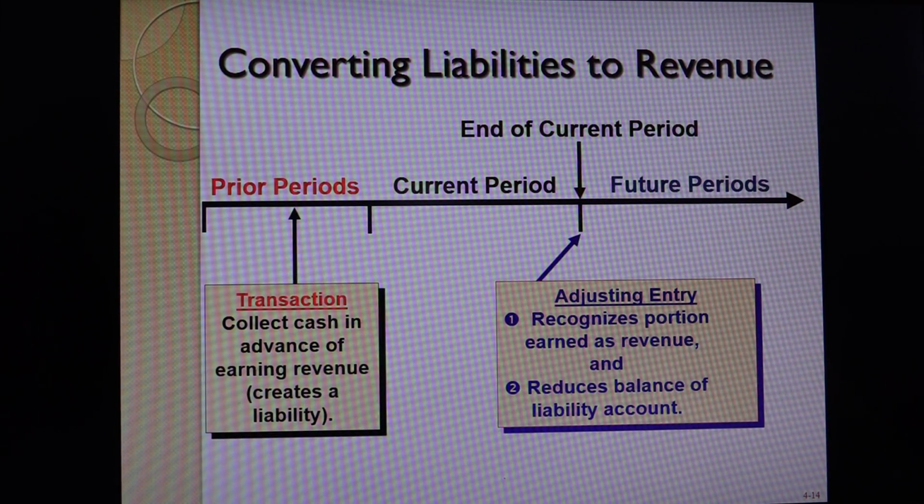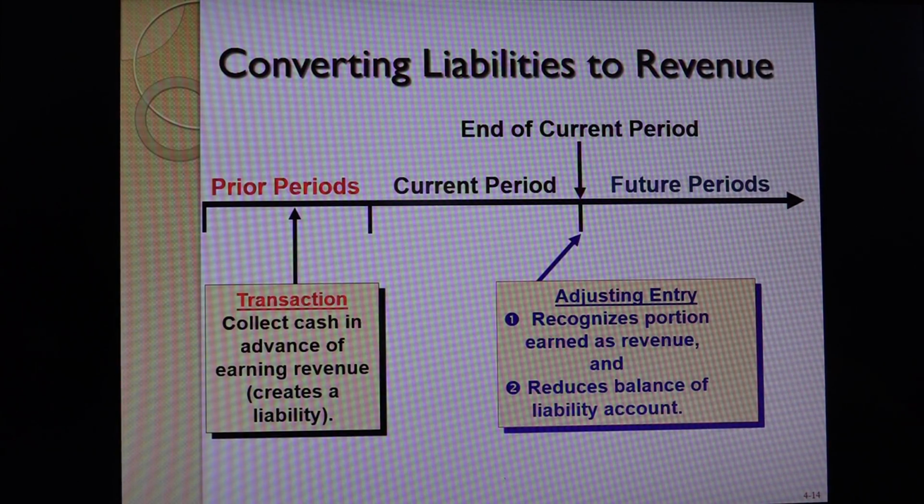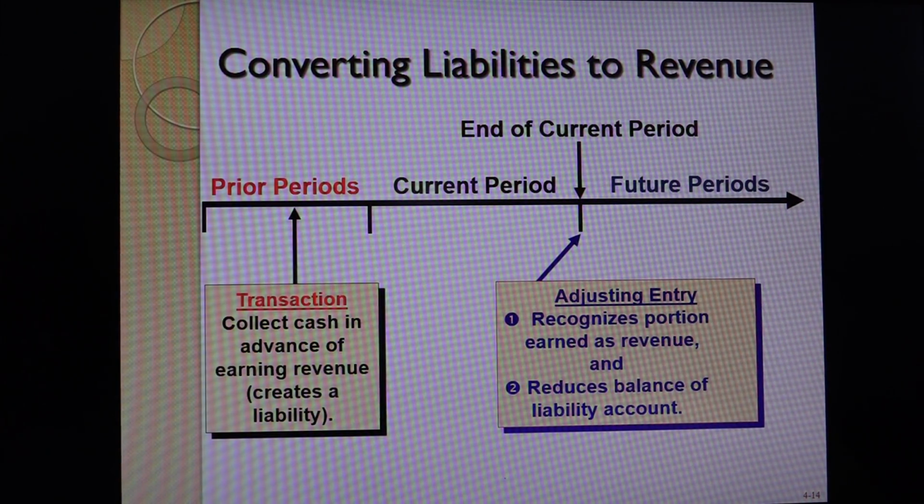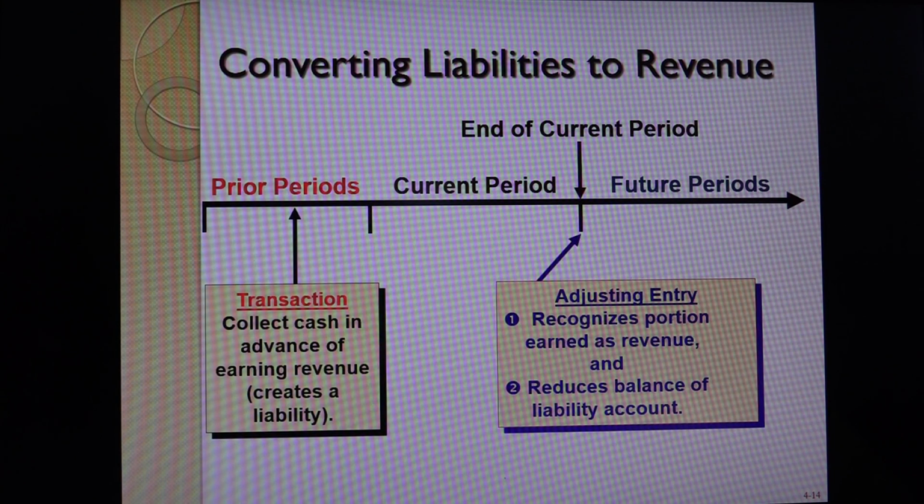And then you come up on next year, which is now the current period, and you earn the income by delivering the good or providing the service.